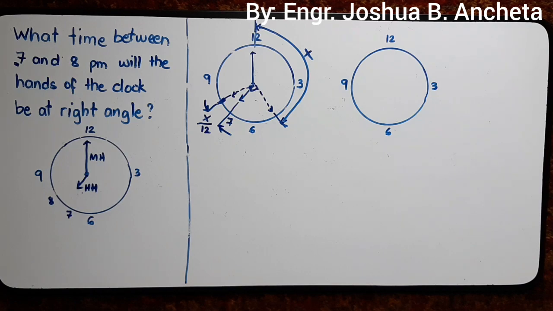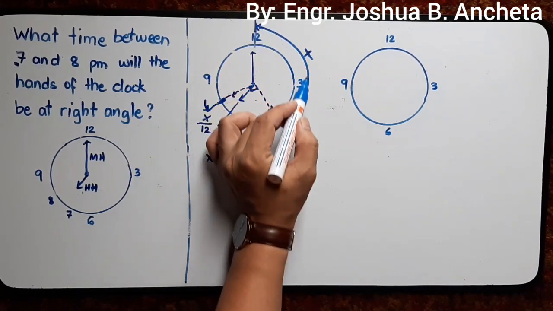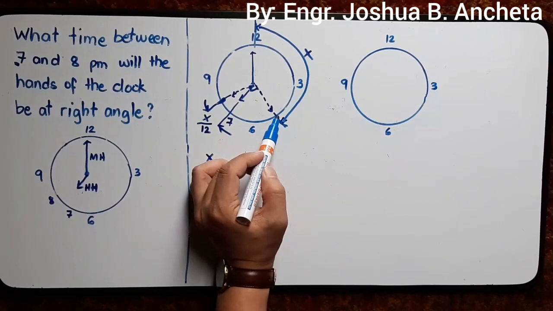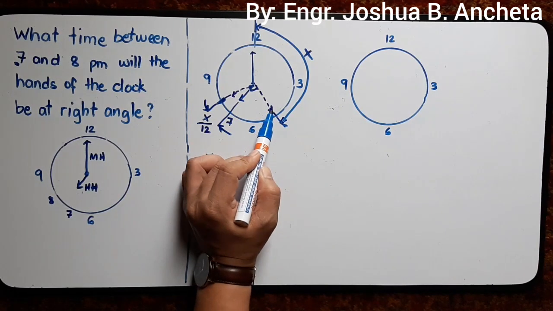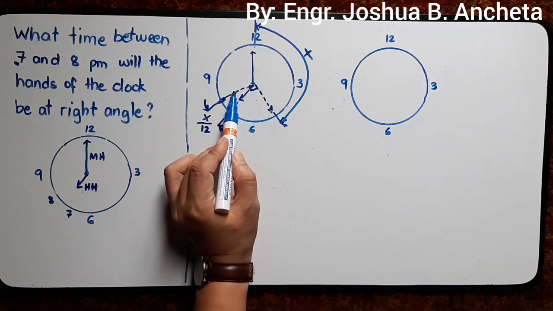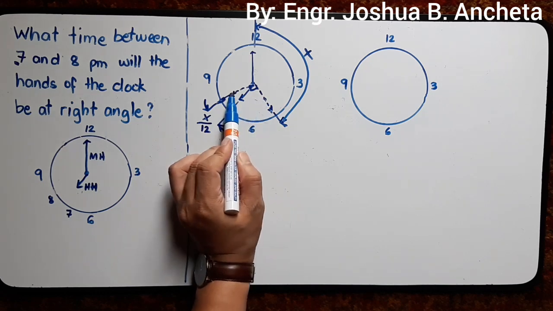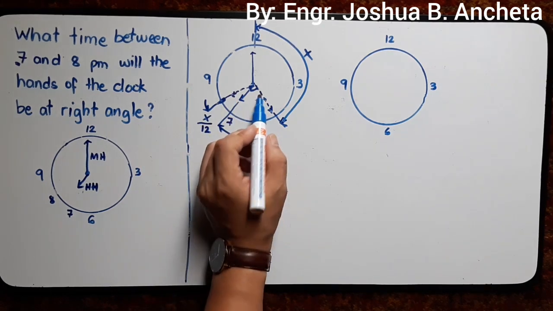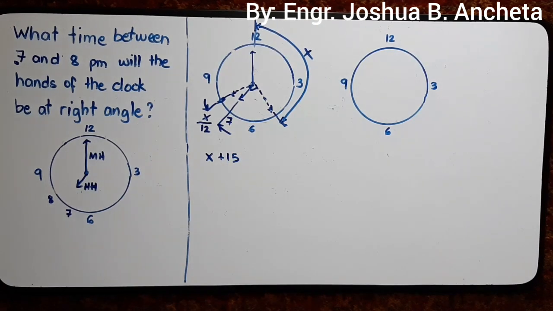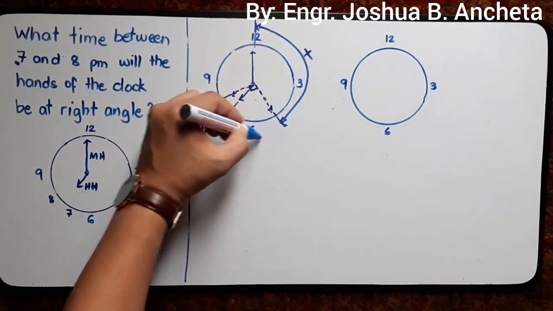If we use x first, x plus, to cover the boundary, from this position up to this position is the 90 degrees condition. 90 degrees in terms of minutes, you should express that in minutes. That is 15 minutes. So this is the first representation to cover the boundaries of our drawing.